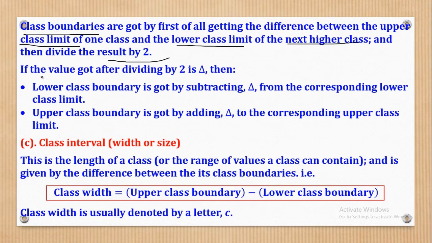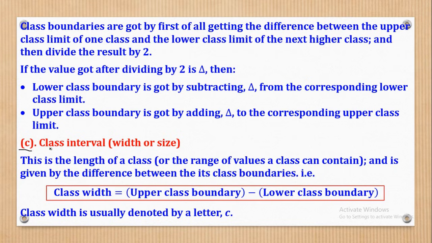If the value got after dividing by 2 is delta, then the lower class boundary is got by subtracting delta from the corresponding lower class limit, and the upper class boundary is got by adding delta to the corresponding upper class limit. We shall see how that is done, but let's first go through all the terms.